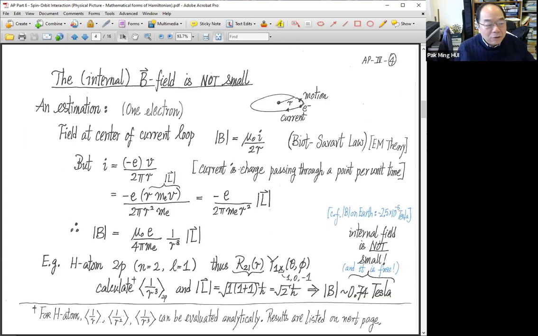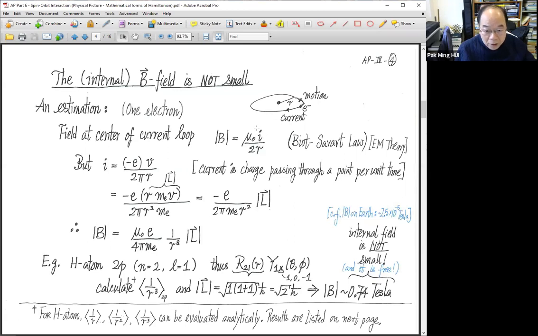So here, I try to make use of the electromagnetic theory, a current moving in a loop. You look it up, the result in Griffiths, the field at the center of the loop is given by this Biot-Savart law, mu naught I divided by the diameter, 2r, all right?